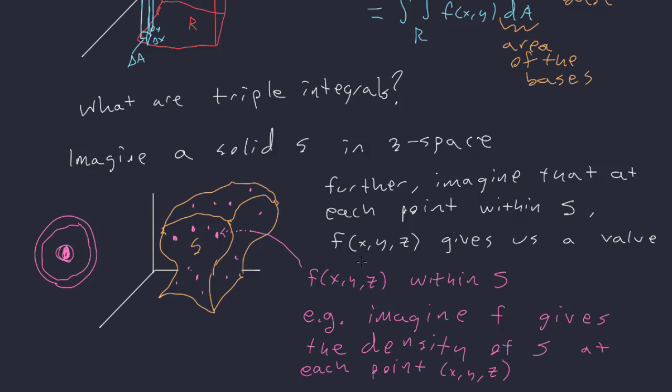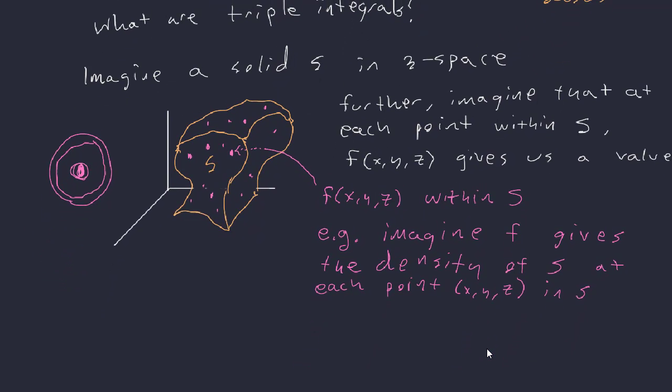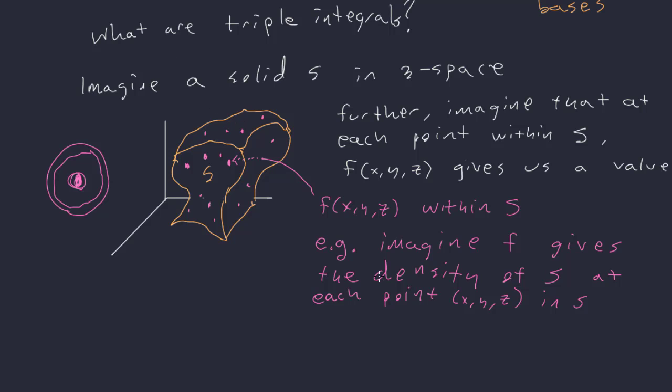All right, and then from here, what we do, so if we imagine that F is the density of S at each point x, y, z in S, then what we do is, like we did before, by either chopping it into boxes or chopping it into rectangles, we chop S into a bunch of little cubes that are delta x by delta y by delta z.